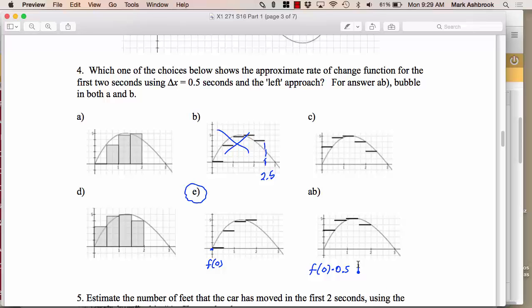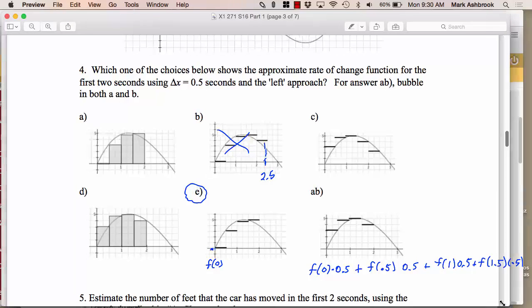Rate times dx, plus the rate in the second interval, which we get from f of 0.5, times dx, plus the rate we get in the third interval, times dx, plus the rate from the fourth interval. The left-hand side is at 1.5, so we take the rate at 1.5 for the whole interval, times 0.5. And this approximates the total amount of change from 0 to 2.